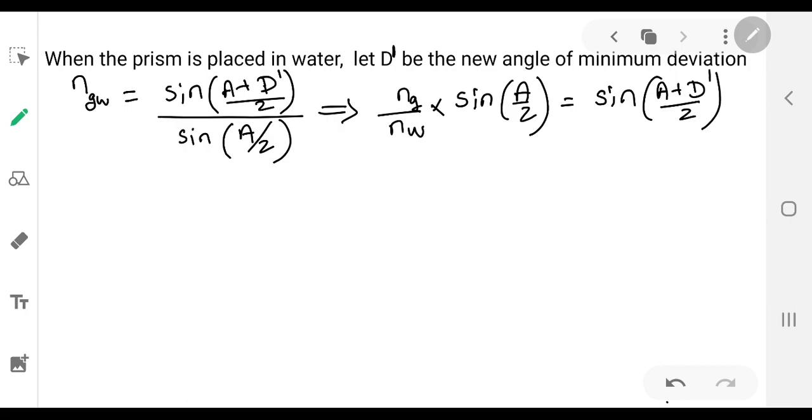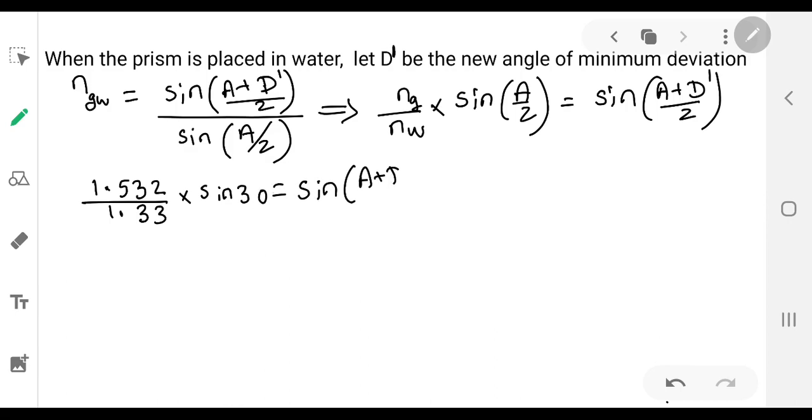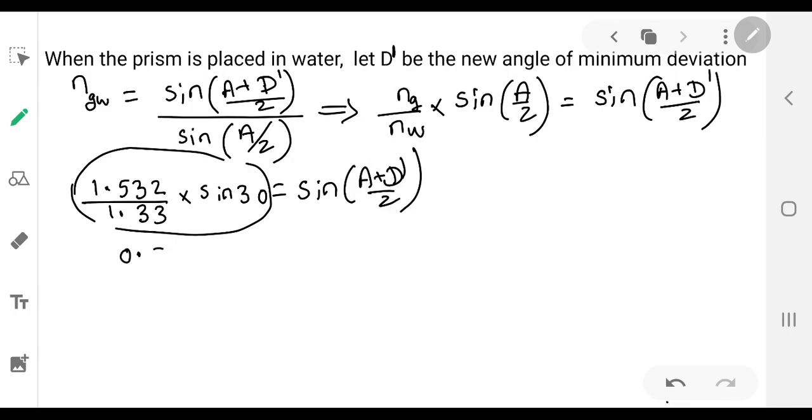So n_g by n_w is 1.532 divided by 1.33, into sine 30, is equal to sine of (A plus D dash) by 2. Sine 30 value is 1 by 2. When you simplify the whole left hand side, you are going to get 0.5759 is equal to sine of (A plus D dash) by 2.